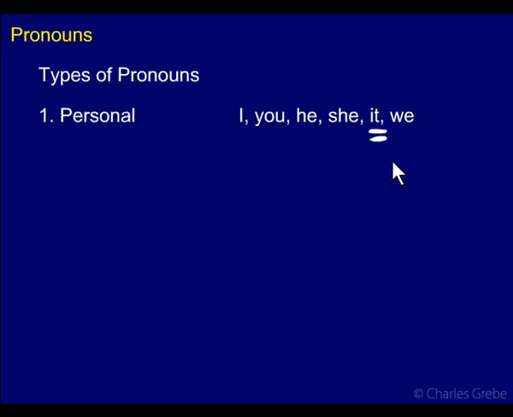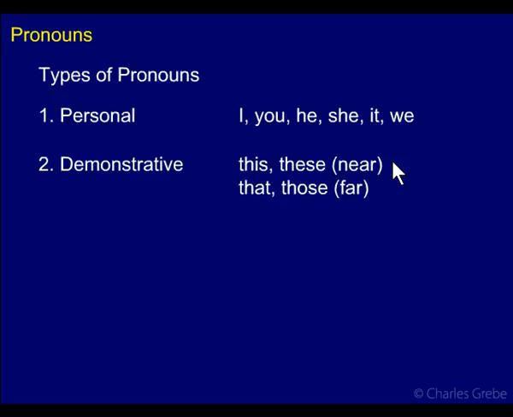The second type of pronouns are demonstrative pronouns. Now these are pointing pronouns. They point things out. And we have two types. We have near demonstratives and far demonstratives. So this refers to objects that are near us, near the speaker, and that refers to objects that are further out.